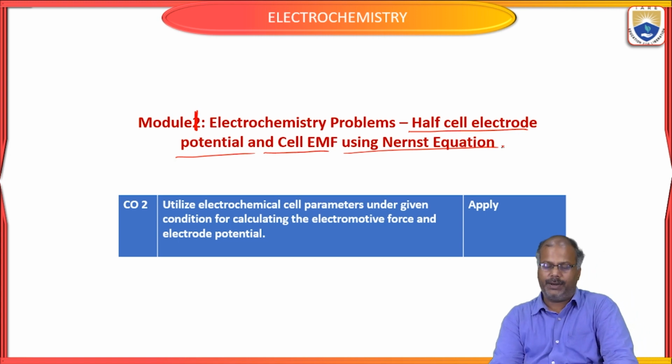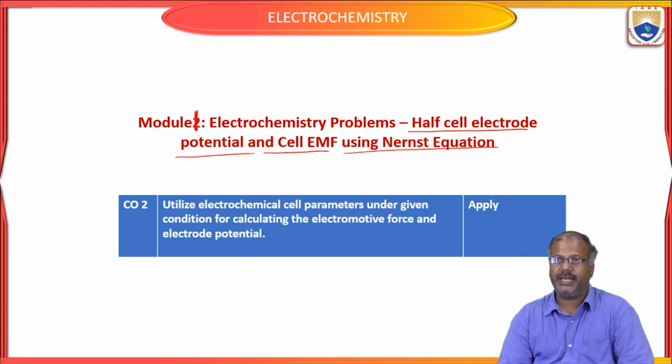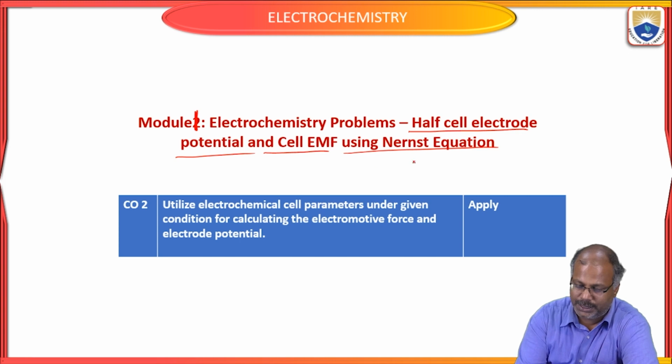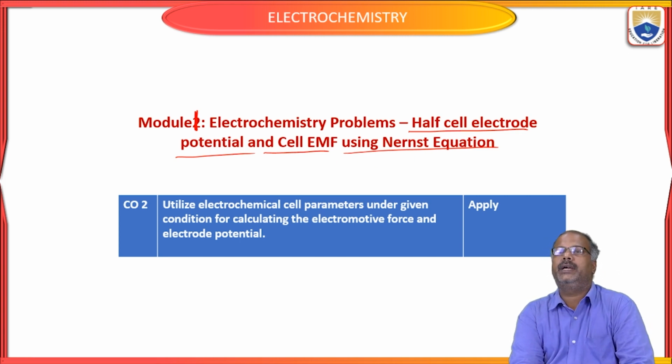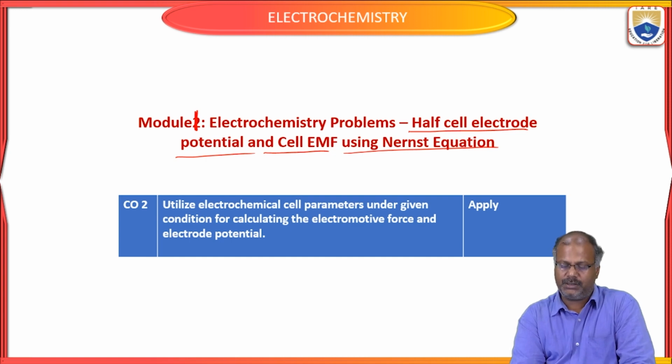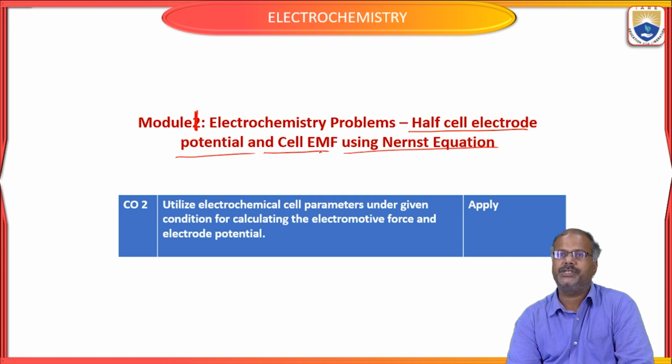For half cell electrode reactions, we will calculate the electrode potential using the Nernst equation. For a voltaic cell, the full cell reaction, we will calculate the cell EMF using the Nernst equation.